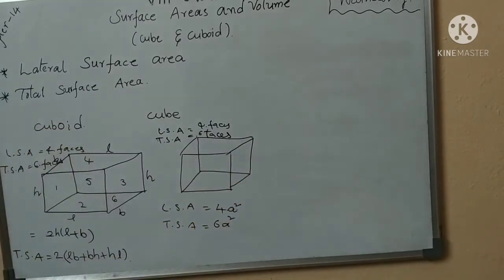That is the formula for the cube and cuboid. Understand this one? Okay, right.